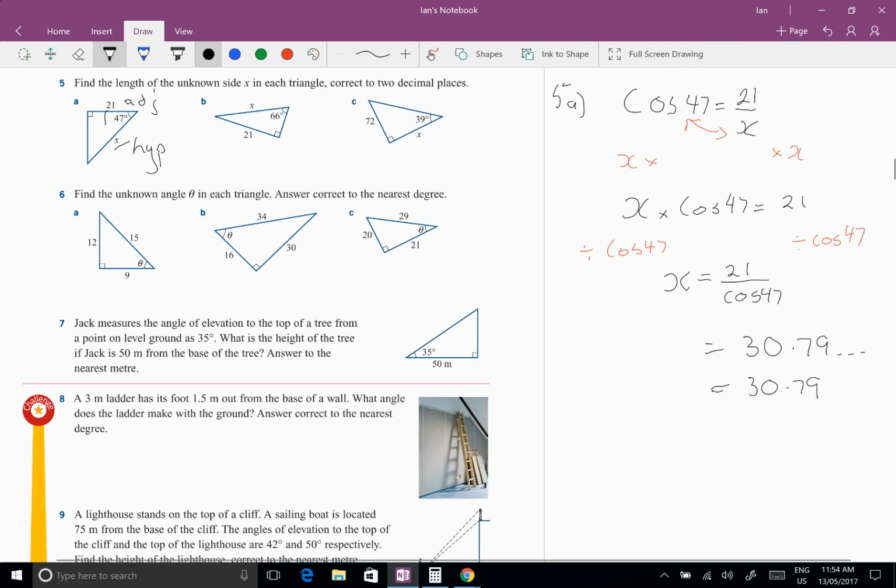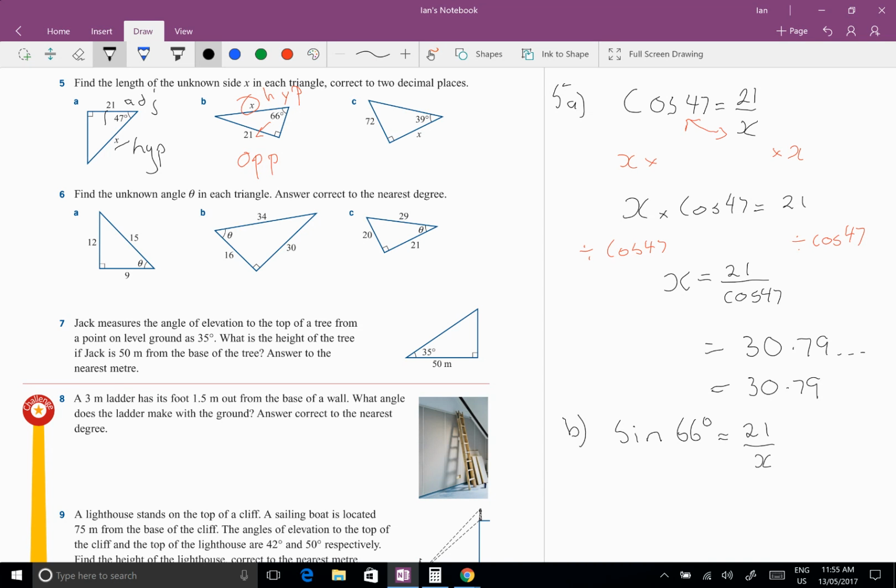I'm going to do 5B without doing all that work. So B, I look at the equation. Again, I've got the hypotenuse, but this time I don't have the side beside 66. I have the side opposite. So I've got opposite and hypotenuse. I look at my formula sheet and it says opposite and hypotenuse, you should be using sine. I write the equation, sine of the angle 66 degrees, and that equals 21 over x.